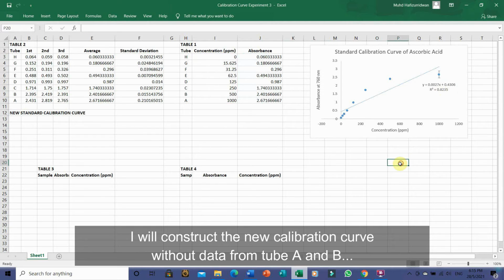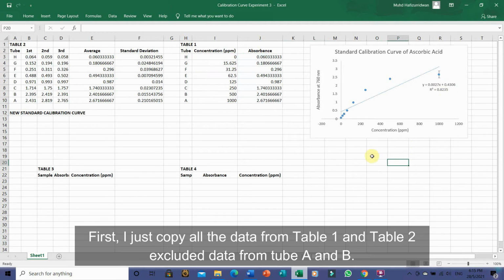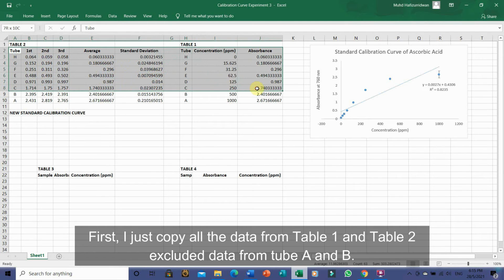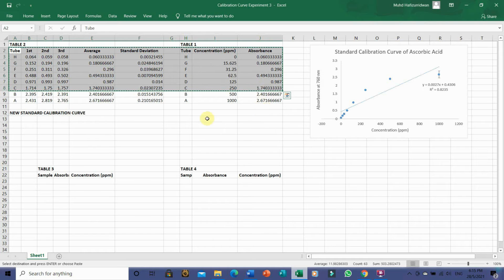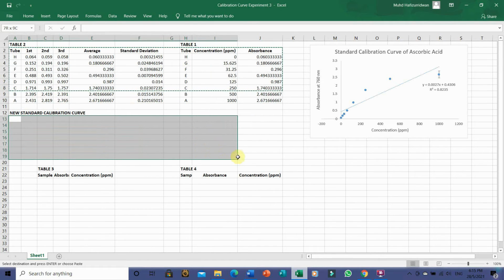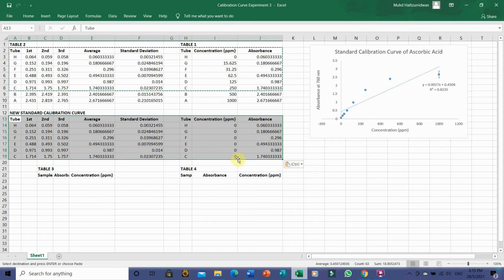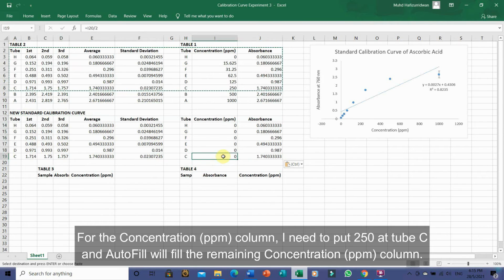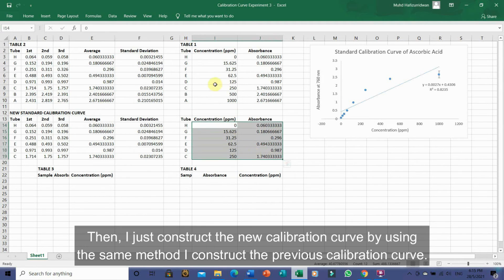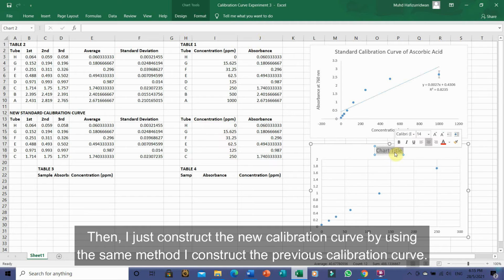I will construct the new calibration curve without data from tube A and tube B. First, I just copy all the data from Table 1 and Table 2, excluding data from tube A and tube B. For the concentration column, I need to put 500 at tube C and autofill will fill the remaining concentration column. Then, I just construct the new calibration curve by using the same method I used to construct the previous calibration curve.